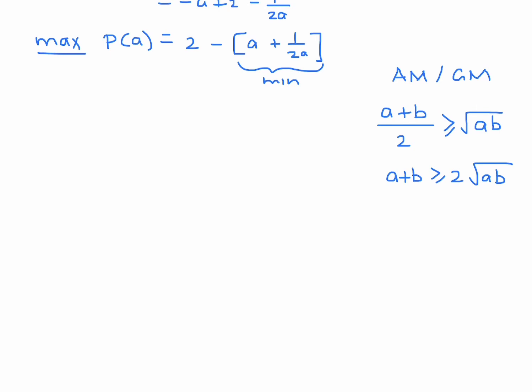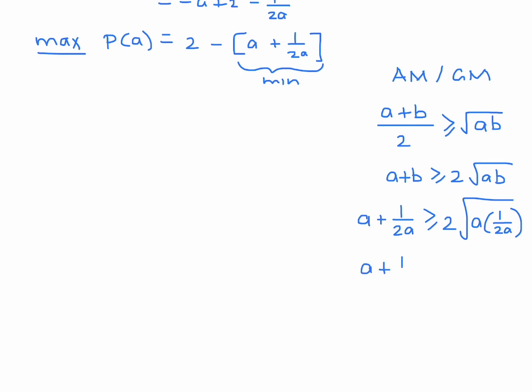So now compare this to this. This is also a sum of two things. So that means A plus 1 over 2A would be greater than or equal to, this is my A, so that's just A, and this is my B now, so I'll put that here, 1 over 2A.